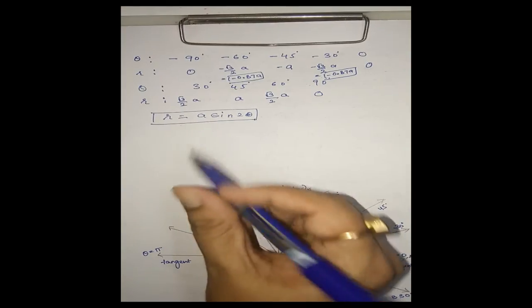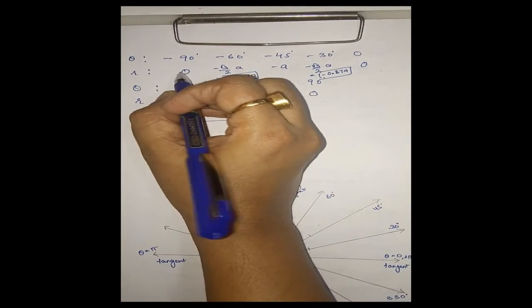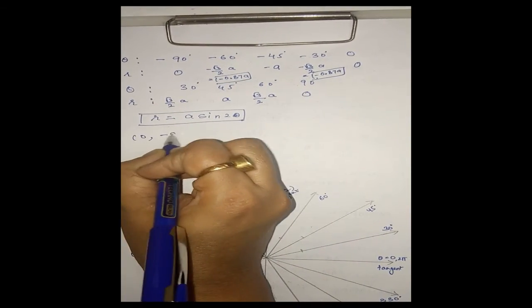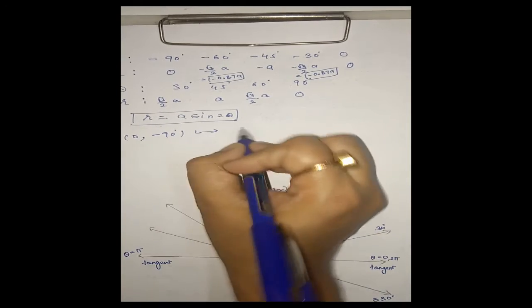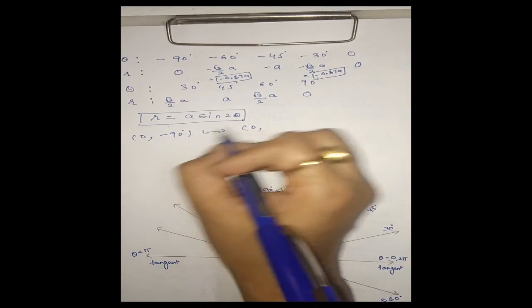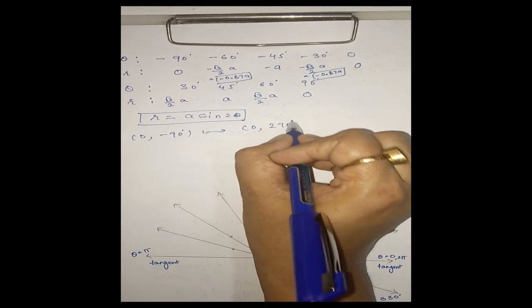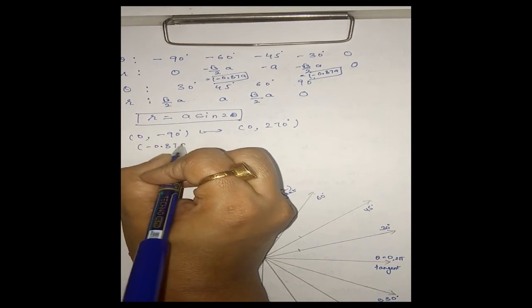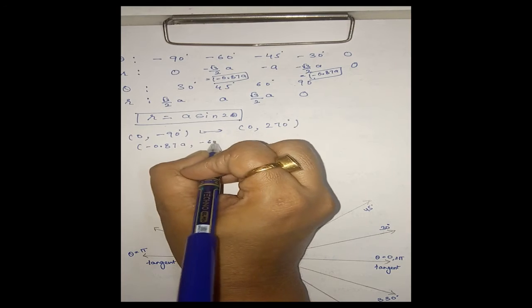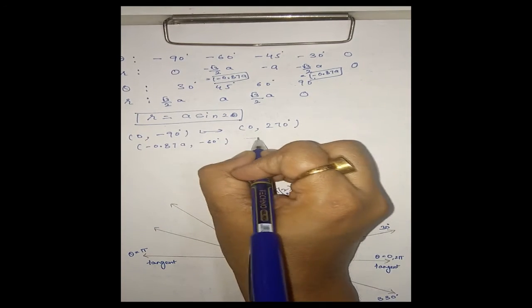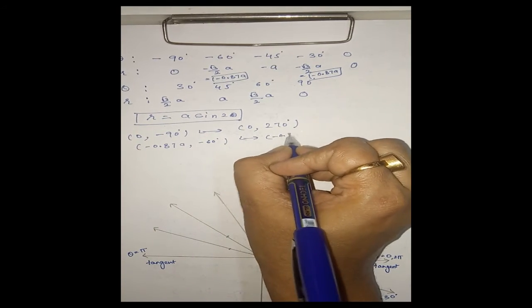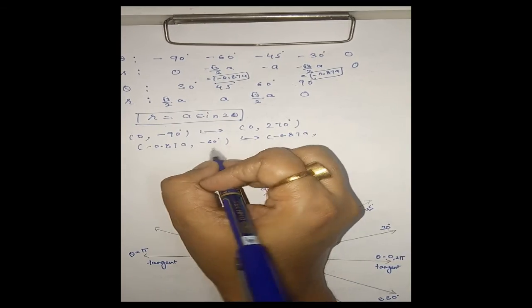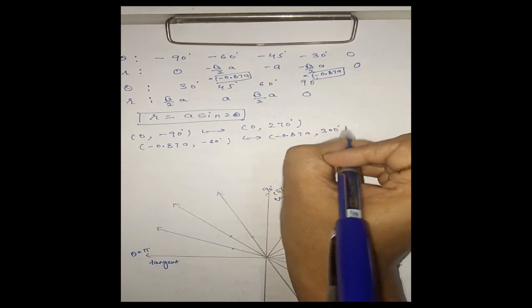Now, 0 at minus 90 is the same as 0 at minus 90 plus 360, that is 270. Same way, minus 0.87a at minus 60 is the same as minus 0.87a at minus 60 plus 360, that is 300.